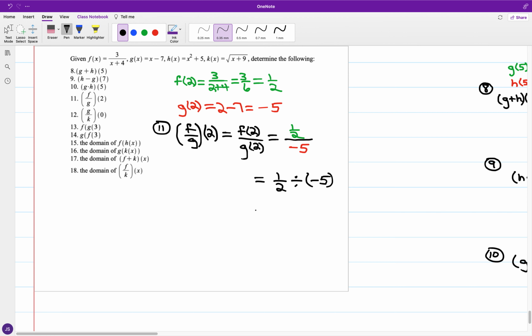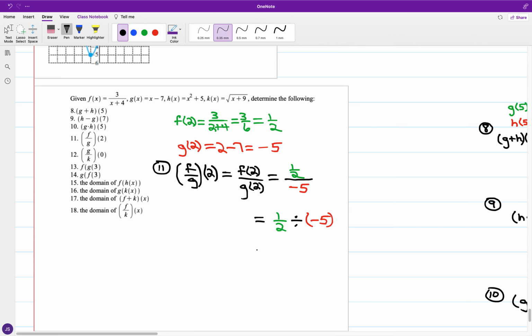If I rewrite this in terms of multiplication, dividing by -5 will be the same as multiplying by 1 over -5. So you have -1/5, and so for the result, f over g of 2 is going to be -1/10.